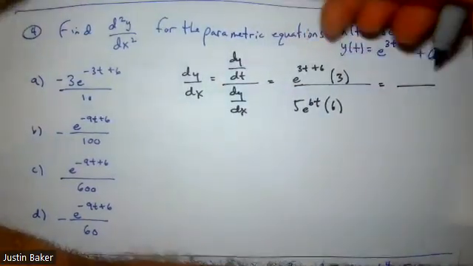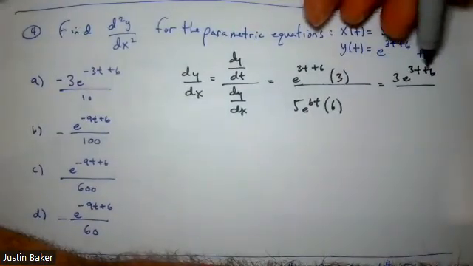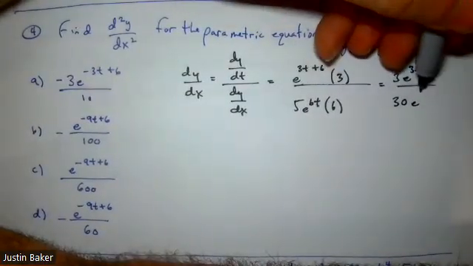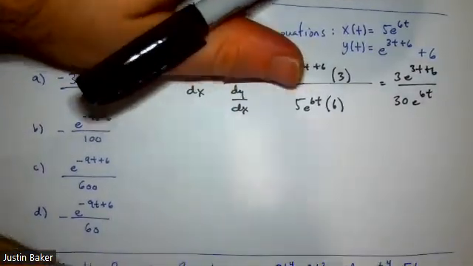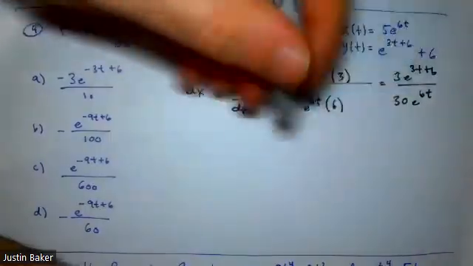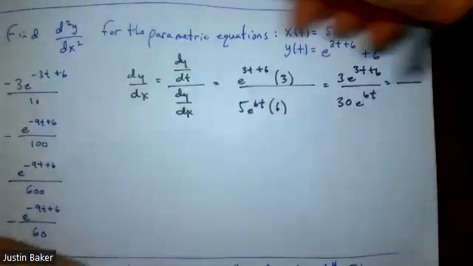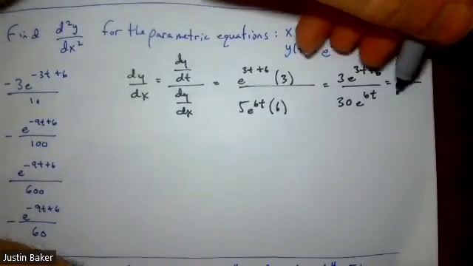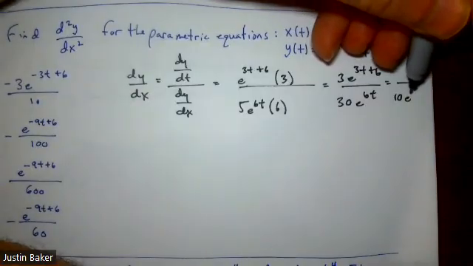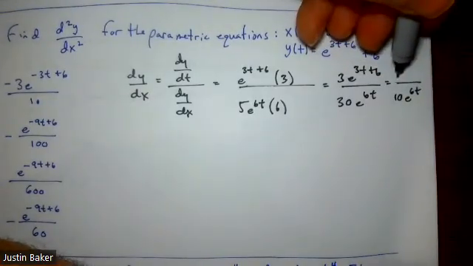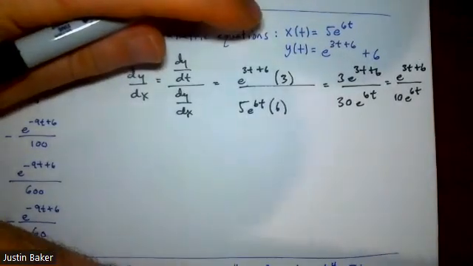So if we clean that up, that's 3e to the 3t plus 6 over 30e to the 6t. And then I would simplify that again. So we would say that would be what? Just 10 on the bottom. So 10e to the 6t, and then e to the 3t plus 6.